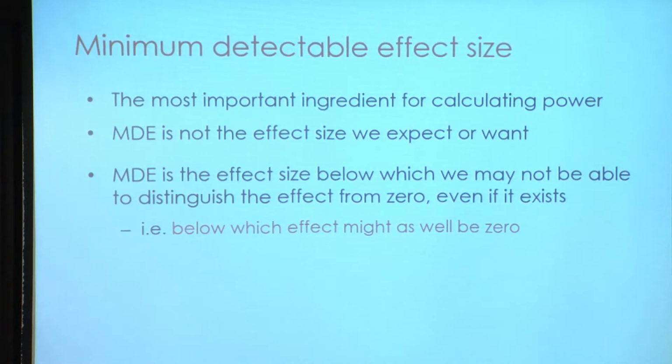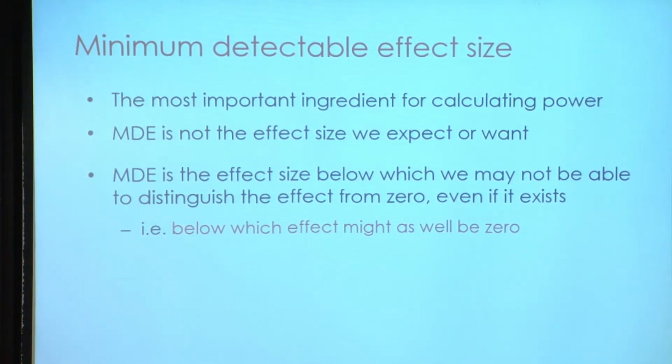How big does this program have to be to actually mean something? Because that's what I want to be able to pick up. If it's smaller than that, it might as well be zero. That's what we're saying. We don't want to pick it up if it's smaller than that, because it doesn't really matter.